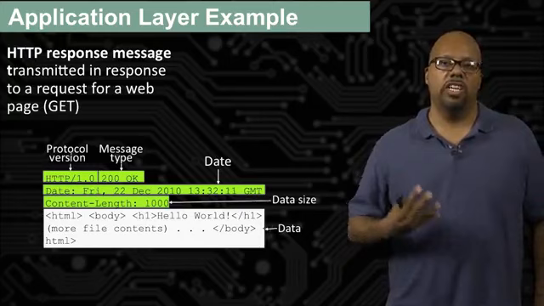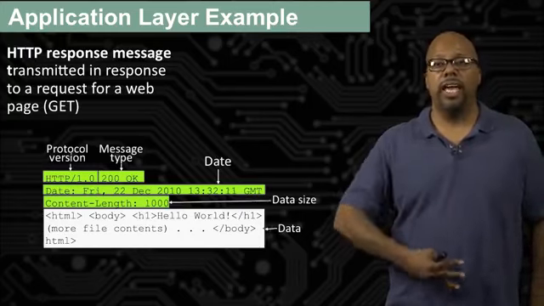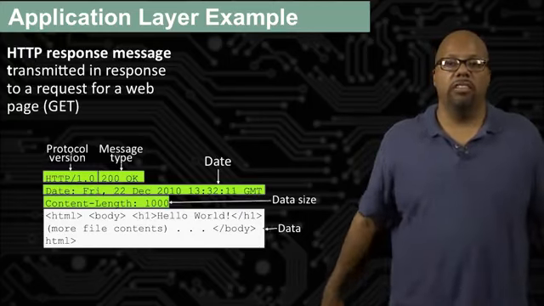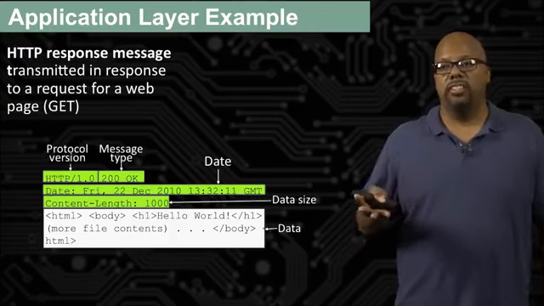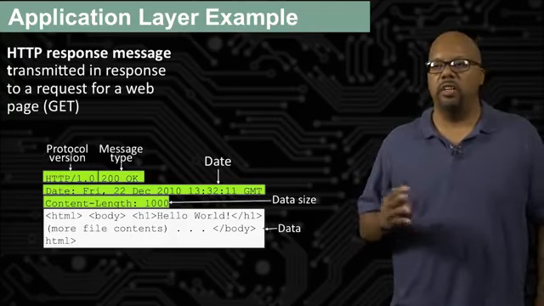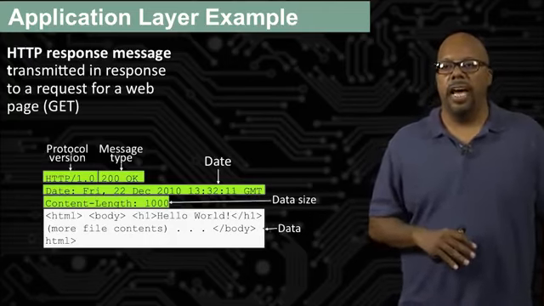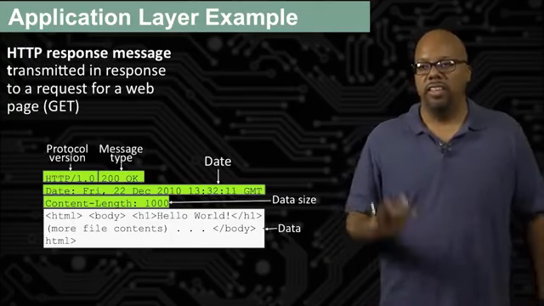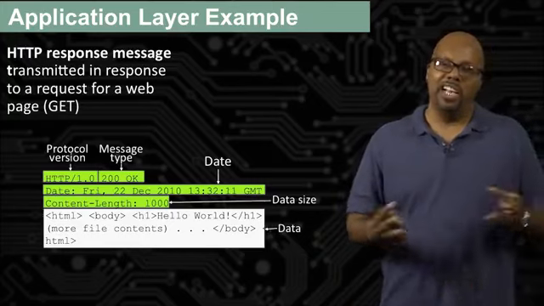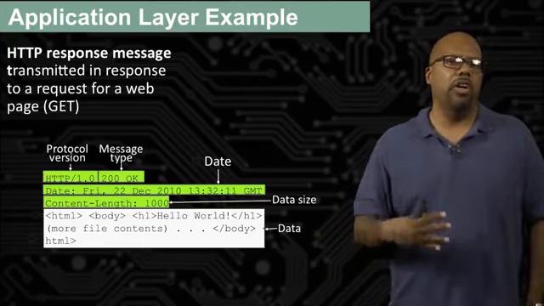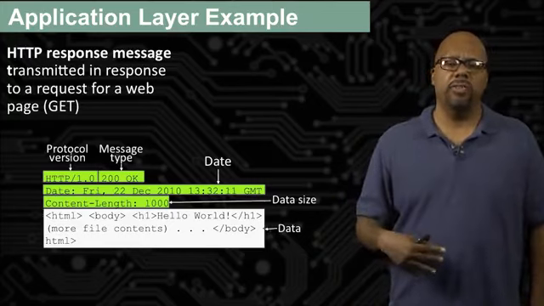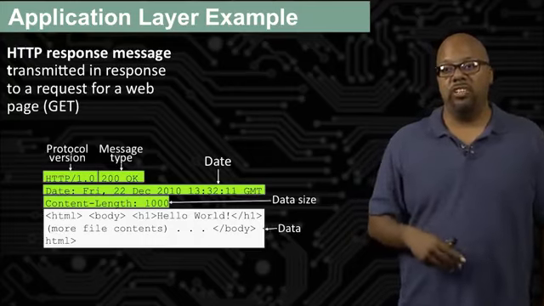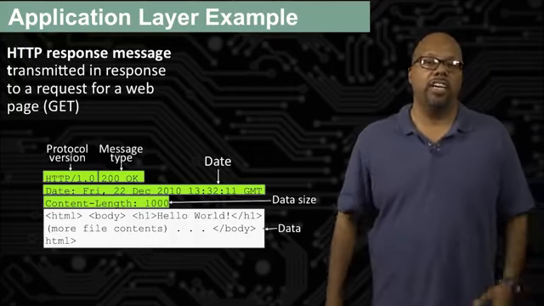Every response message is going to have a particular code. 200 OK is your standard response. The next line has a date, the date it was transmitted, and so on. The next line has a content length, which is how big the data is. That's inaccurate, but that's an example. There are a lot of different pieces of header information you can put in the header. Then the body is the actual content of the message.